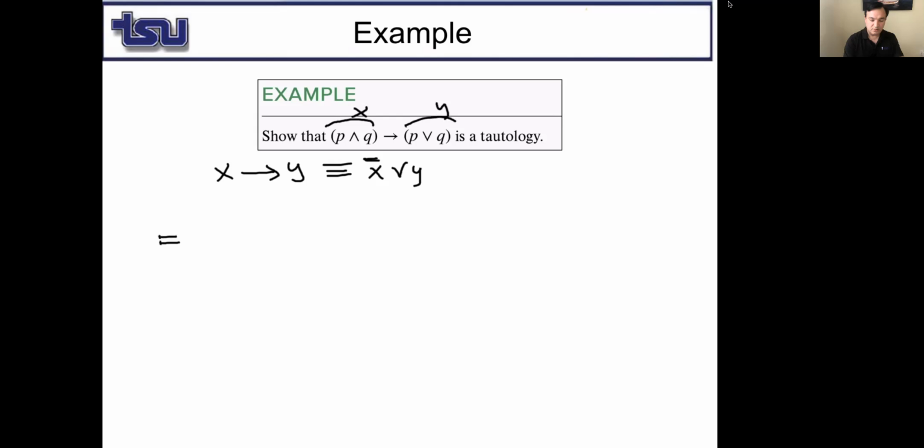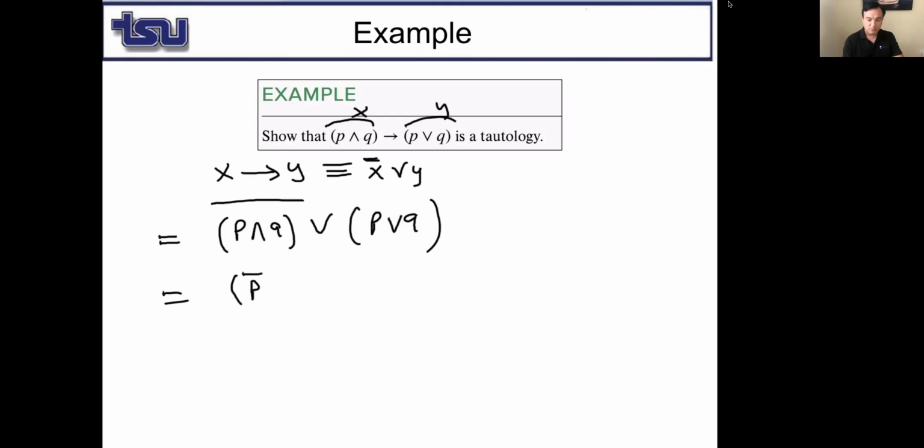I will say this is equivalent to P and Q inverse or P or Q, right? So X implies Y is equivalent to X naught or Y. And here I will get the inverse of this or, and then this one. And the inverse of this guy will be P inverse or Q inverse. The inverse of P, inverse of Q, and becomes or, right? And then I have or P or Q.